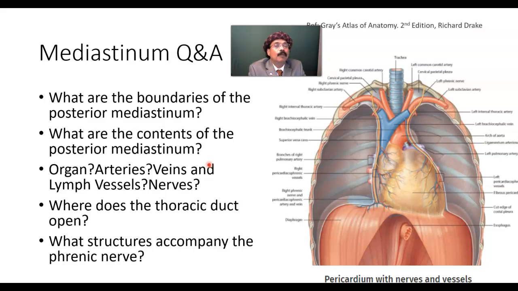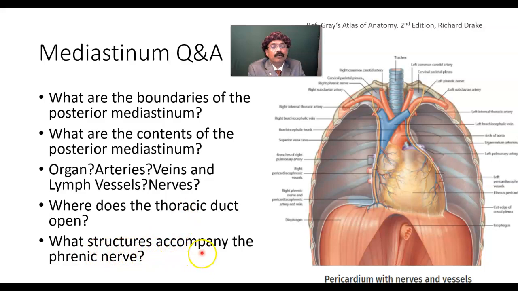And the vagus nerve is a content of the posterior mediastinum. Okay, so we got some questions here. Where does the thoracic duct open? It opens at the junction between the left brachiocephalic vein and left internal jugular vein.